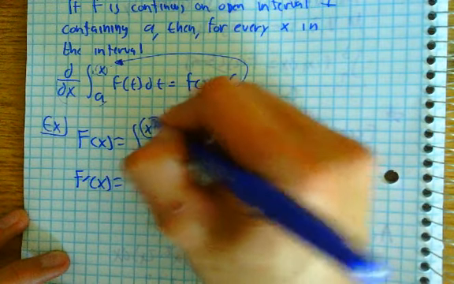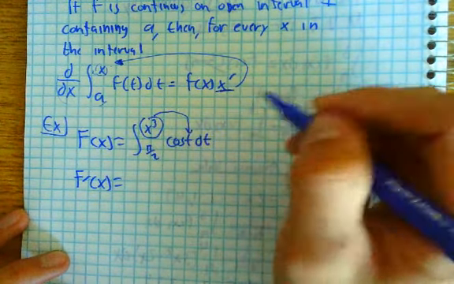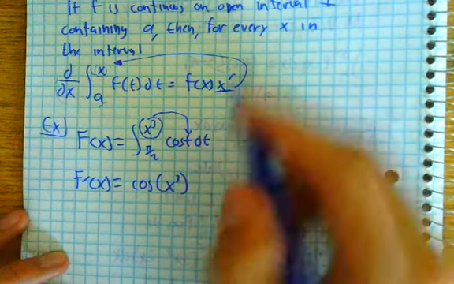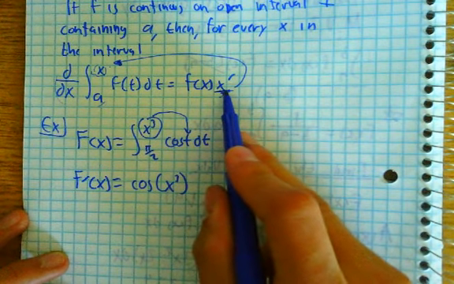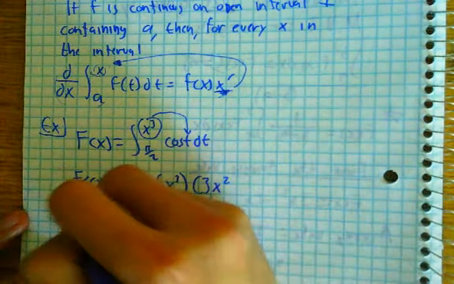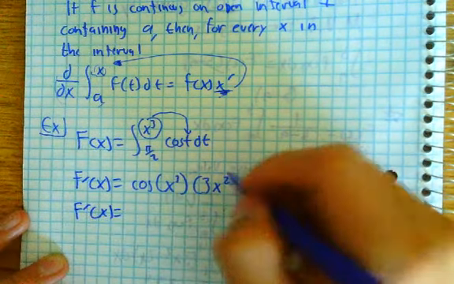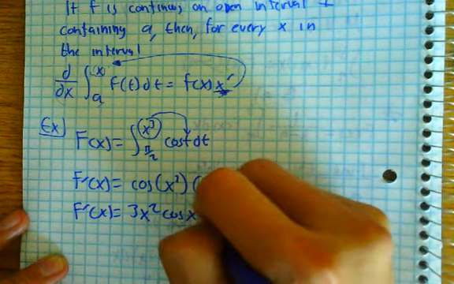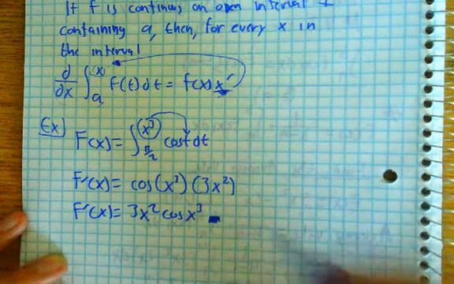Remember, all you have to do then is plug this value into here. So this becomes cosine of x to the third, and multiply by the derivative of the upper limit, which in this case is 3x squared. If you simplify things a little bit, you get 3x squared times the cosine of x to the third, and that would be your final answer.